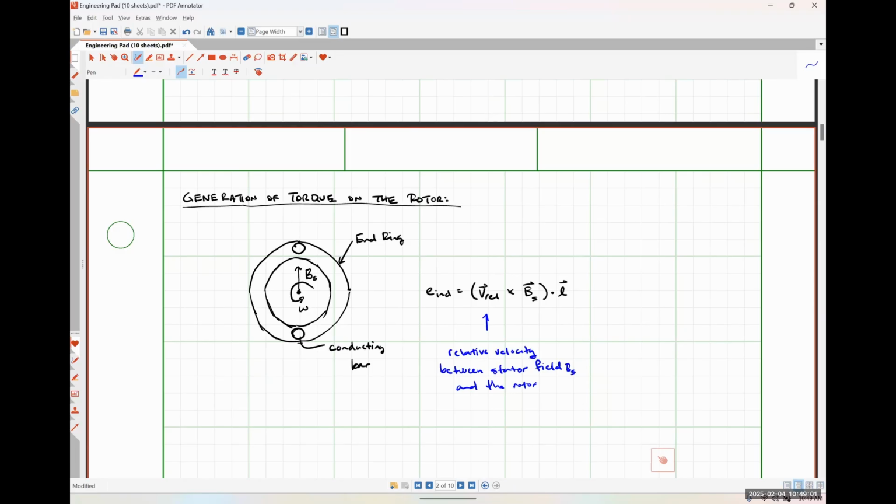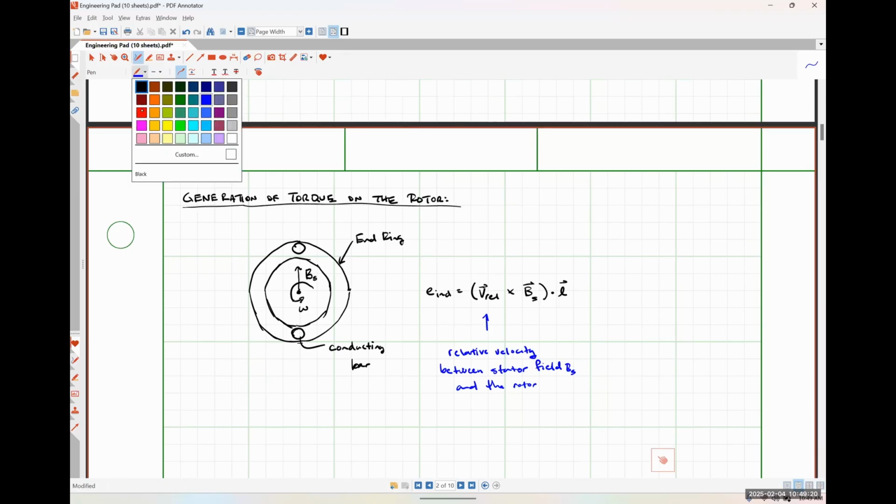Zero. So if V relative is zero, then this whole thing has to go to zero. So essentially, if my rotor spins at the exact same speed as my stator field is spinning, I will not induce a voltage. As we'll see in a couple of moments, that's a problem, okay?